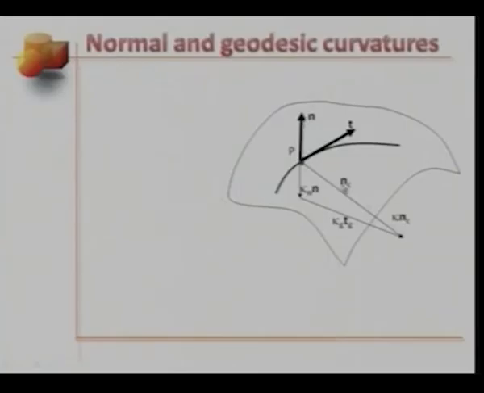Since NC is the first derivative of T with respect to the parameter S, which is the arc length parameter, NC is perpendicular to T. So the plane containing N and NC is perpendicular to T. Or let me put it the other way around.